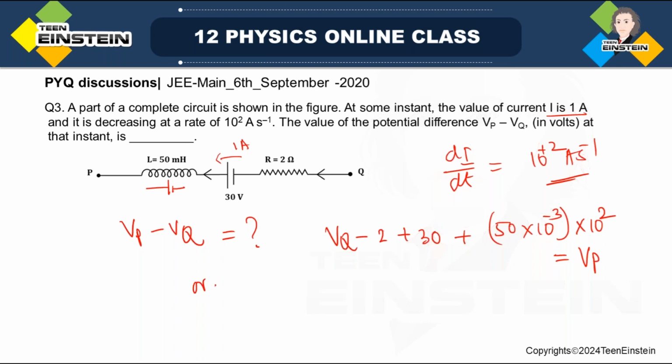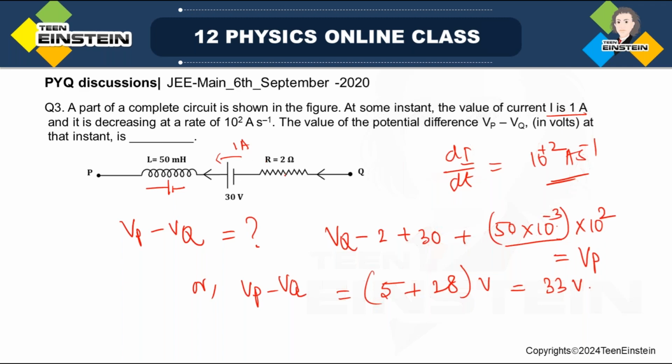I have to find out Vp minus Vq, which will be, this is 2, so this is 28, and this you are going to get here, 5. So 28 plus 5, in volt it will be actually 33. So this is the answer for this question.